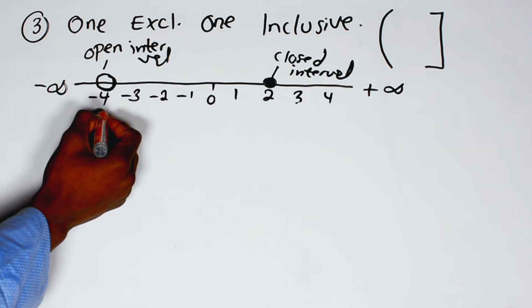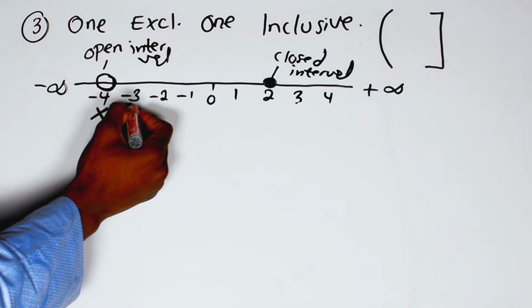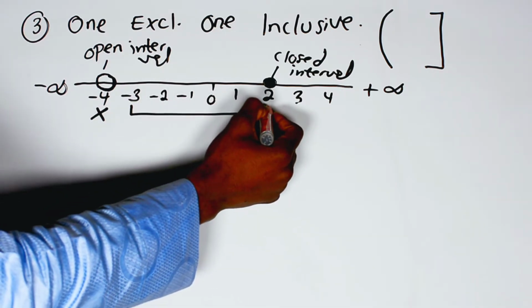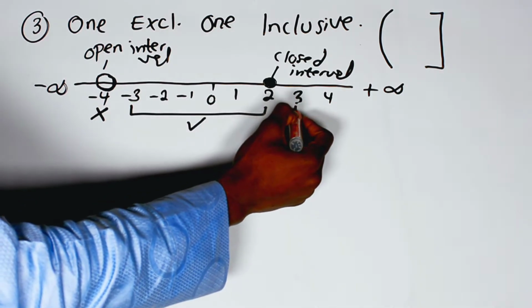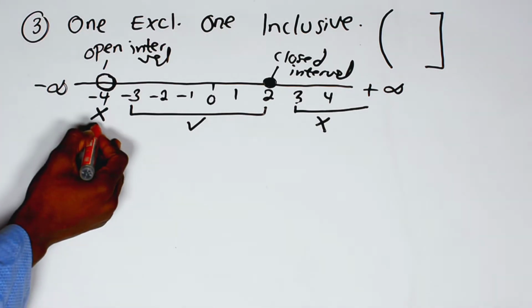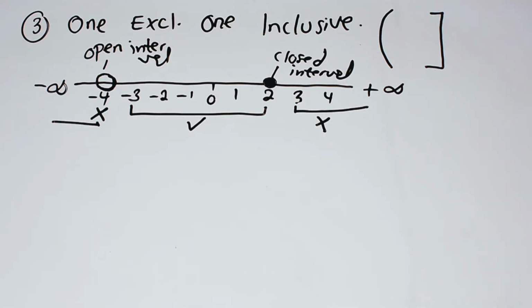Therefore, we don't need -4, but from -3 up to 2 we need them. From +3 up we don't need, and down here we don't need them.